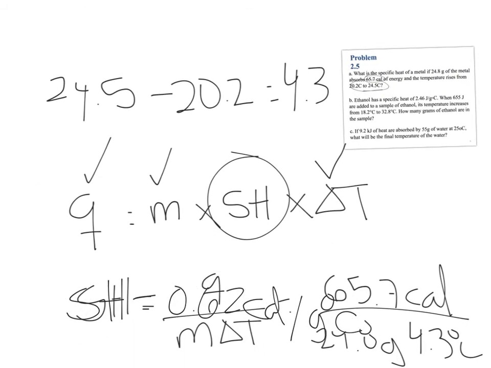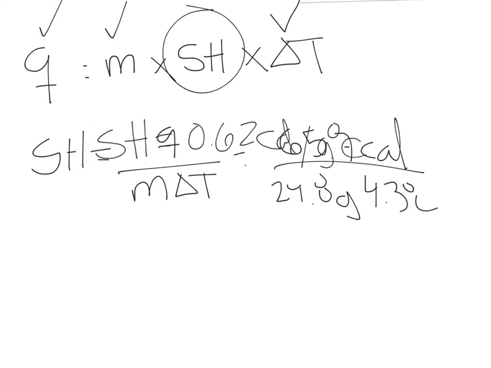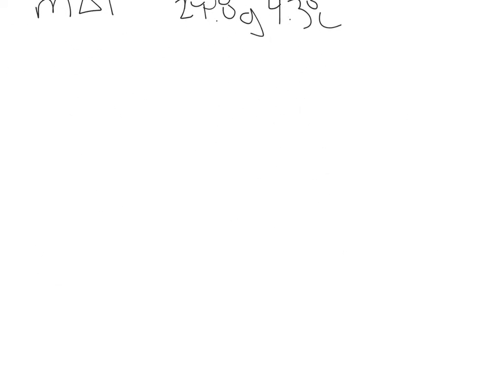Let's work on the second problem. The second problem is saying ethanol has a specific heat capacity of 2.46. They are giving you the energy and they are giving you the change in temperature. The question is how many grams? So we do the following.